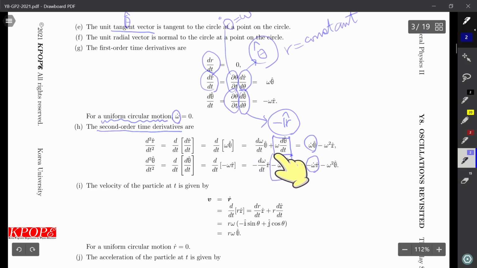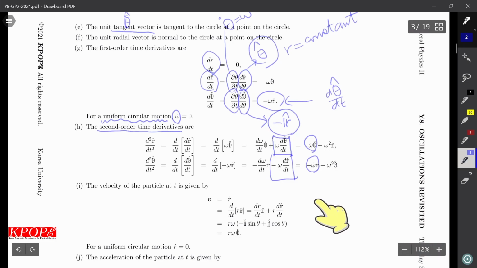Now this omega is here, and the time derivative of theta dot is minus omega r. Here we have already a negative sign on it, minus omega, and time derivative of unit radial vector, that is theta hat.